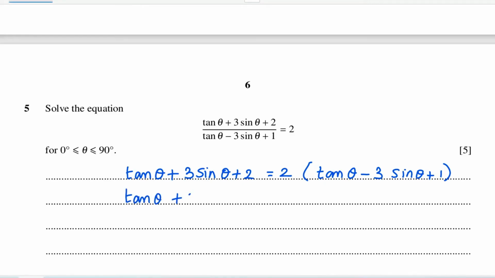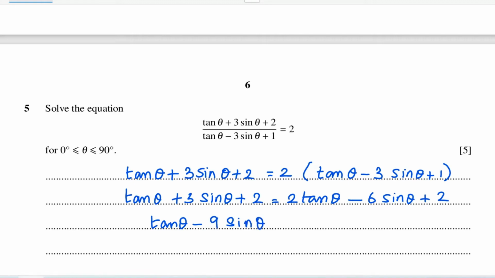Tan theta plus 3 sin theta plus 2 is equal to 2 tan theta minus 6 sin theta plus 2. So we will get tan theta minus 3 sin theta. Okay, when it goes that side, you will get negative 9, equal to 2 will get cancelled, so 0.